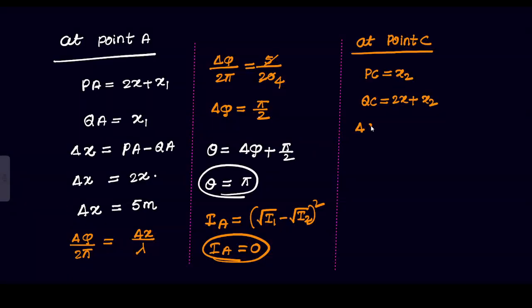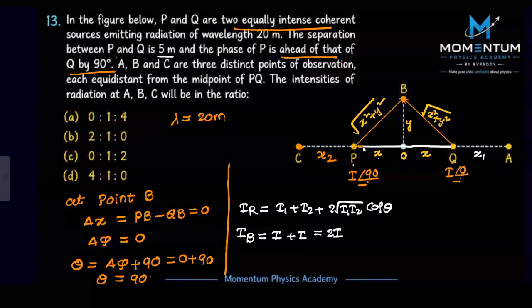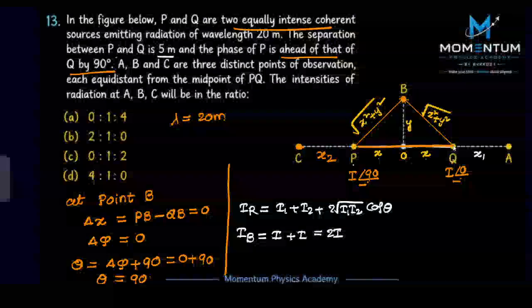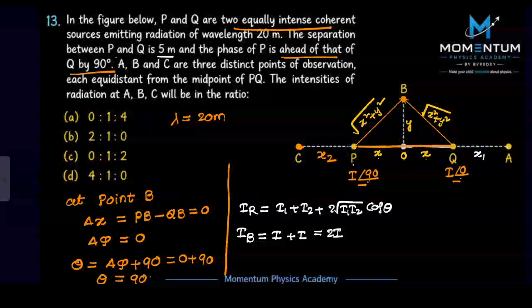Now the path difference: higher minus lower, we say. QC minus PC. How much will come? This is 2x. And 2x means, from P to Q, the distance PQ is 5 meters, given.